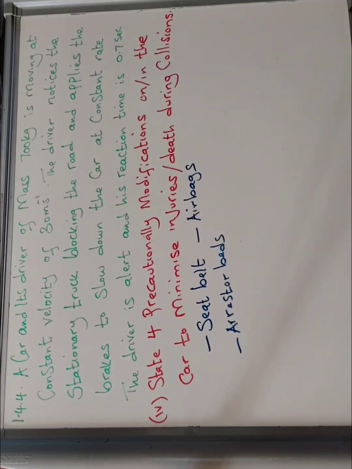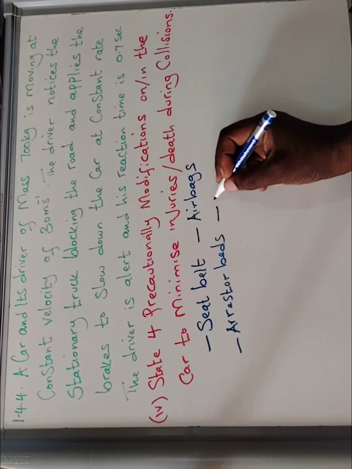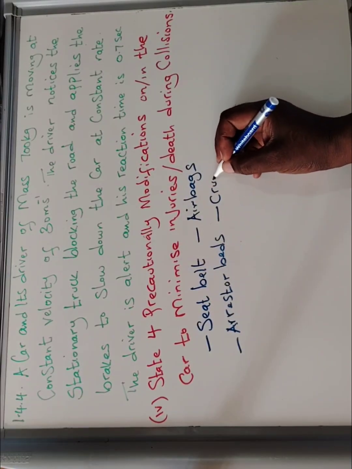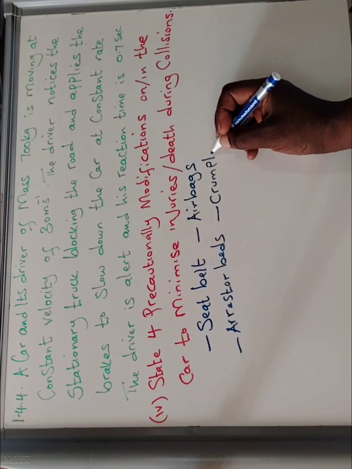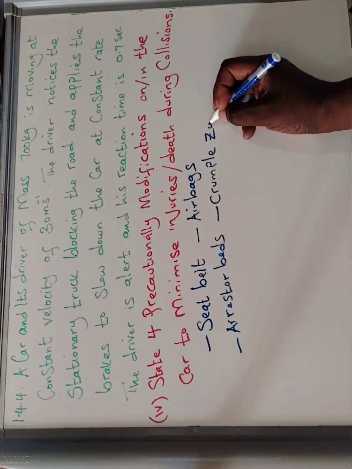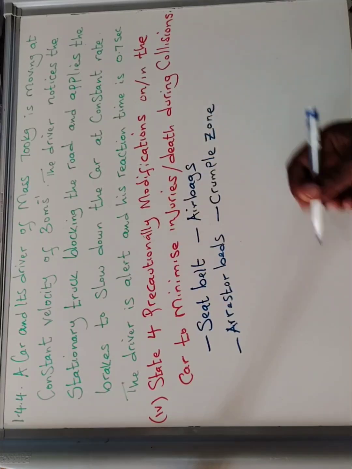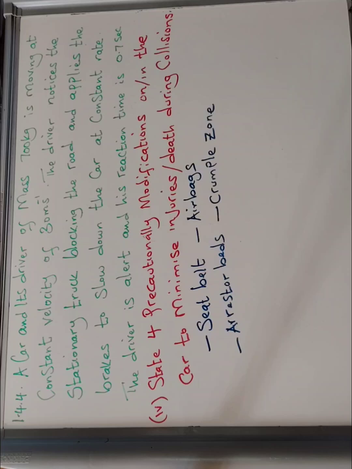It's outside. It's the design of the road to make sure that when the brakes fail, the situation does not turn catastrophic. Okay, the other one is crumple zone and others. You know, with technology, everything, new things are coming up.